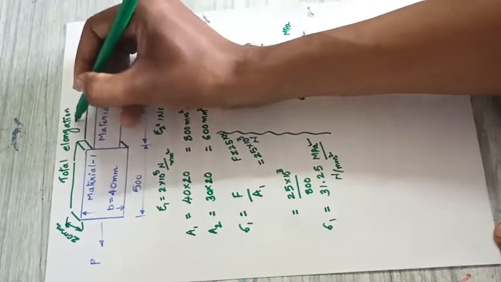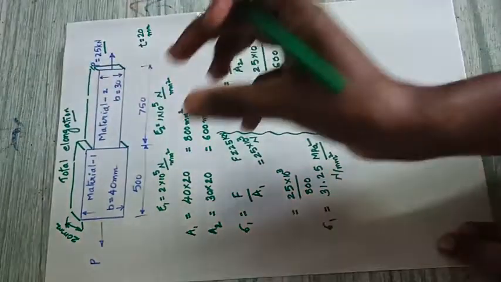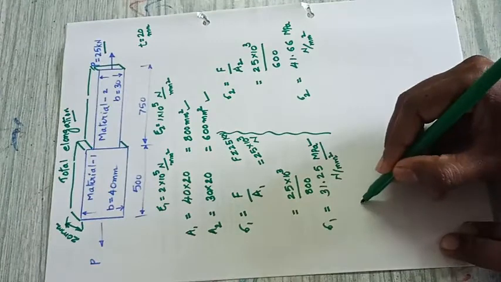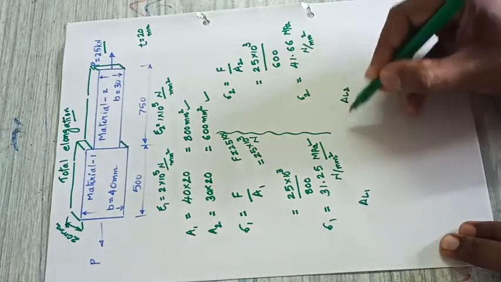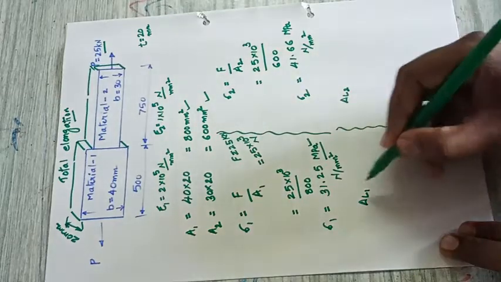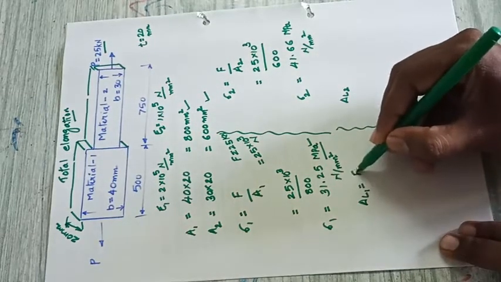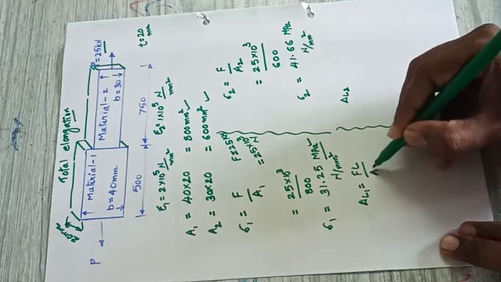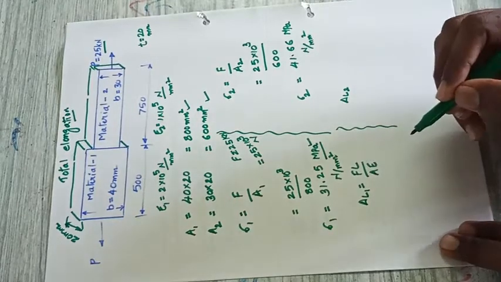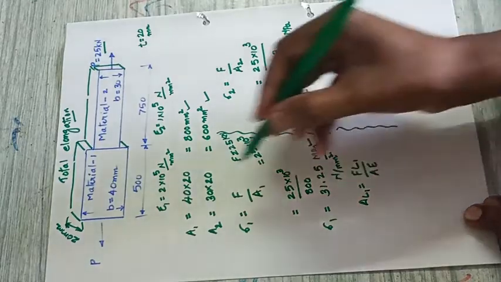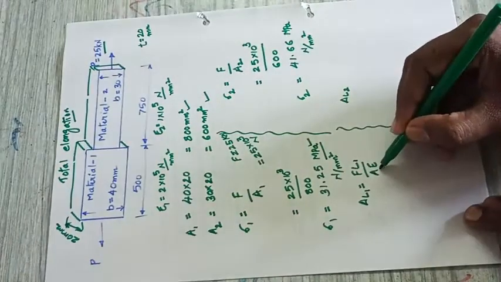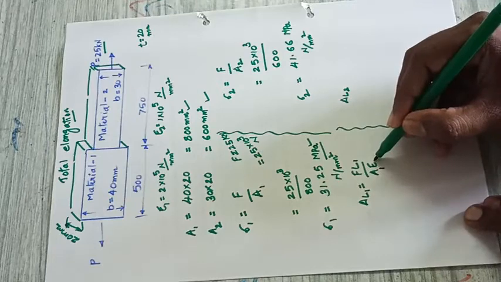First we need to find the change in each portion, that is delta L1 as well as delta L2. Delta L, the formula is FL by AE. The force is as usual the same. The length is L1, the area A1, and E1.